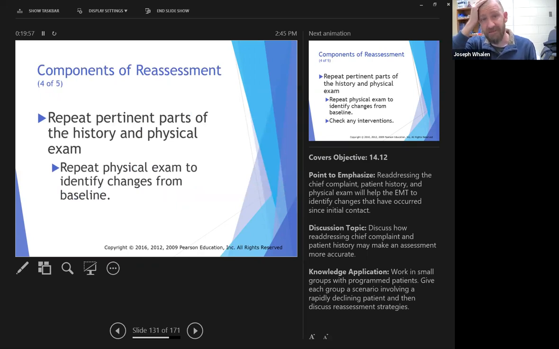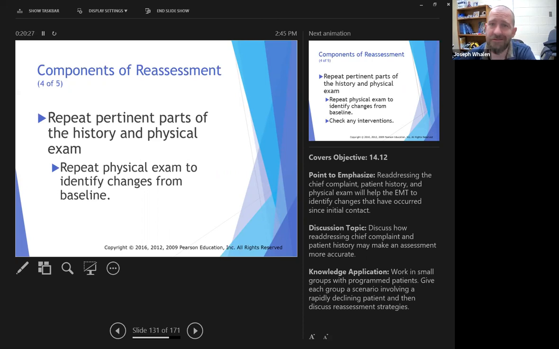So we're going to repeat the physical assessment, and this time it can be more focused on where the injuries happen to be. We can do a general real quick head to toe to figure out if we've missed anything. Hopefully we haven't at that point, but we'll check back in on any injuries and the pertinent history leading up to those to see if anything has changed.